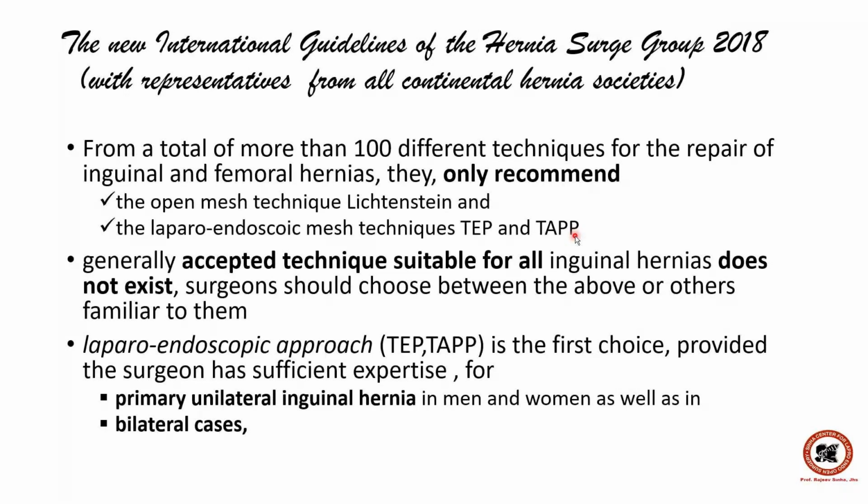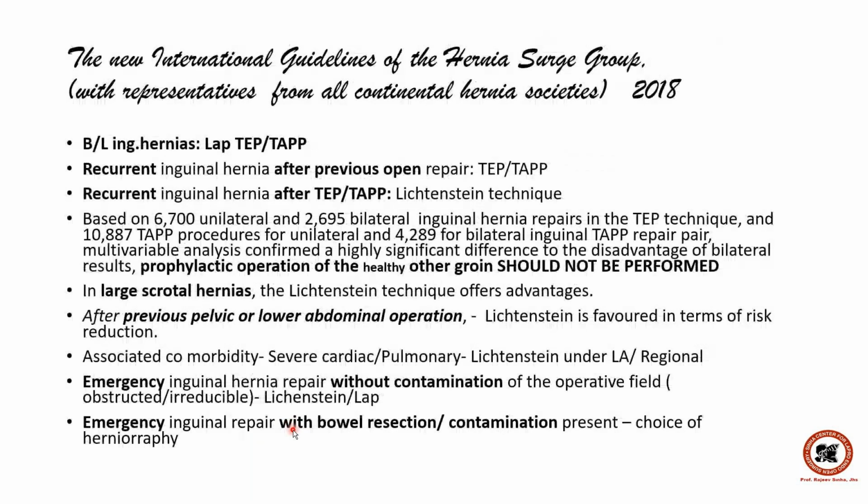Right now, as of today, a laparoscopic approach, which is either TEP or TAPP, is the first choice, provided the surgeon has got sufficient expertise. That's very important for primary unilateral inguinal hernias in men and women, and for bilateral cases, and for recurrent cases after open hernia repair. Now, the other recommendations, bilateral hernia, prefer a laparoscopic approach.